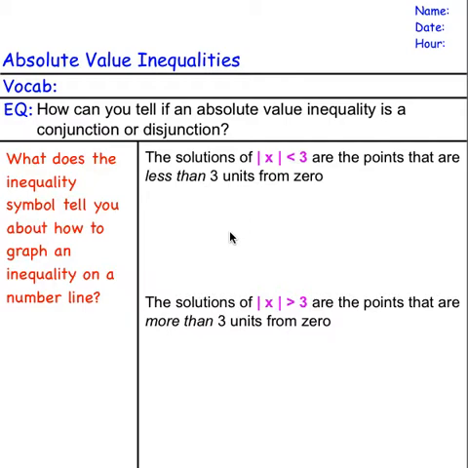Today's topic is absolute value inequalities. When we talk about absolute value inequalities, we are talking about, for instance, the absolute value of x is less than 3. These are the points that are going to be less than 3 units from 0.